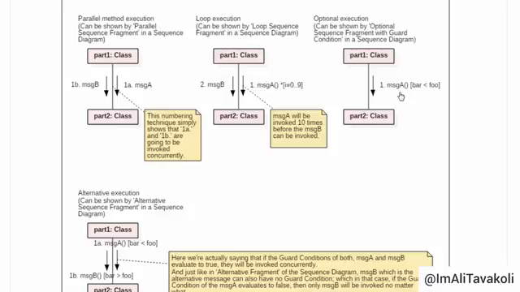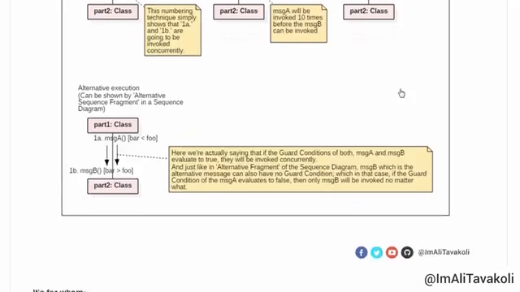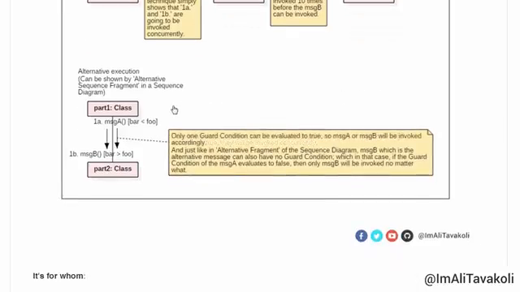Optional execution is like this. If this guard condition evaluates to true, then message A will be triggered. The optional execution will be shown by the optional sequence fragment with guard conditions in a sequence diagram. All right, let's take a look at the alternative execution. As its name implies, only one of these messages must be triggered, and only if their guard condition evaluates to true.